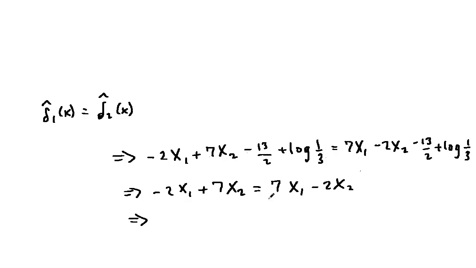Bring this x2 over, we get 9x2. Bring that x1 over to this side, we get 9x1. Cancel the 9s. We get x2 equals x1. So the line that decides between classes k1 and k2 is given by x2 equals x1.